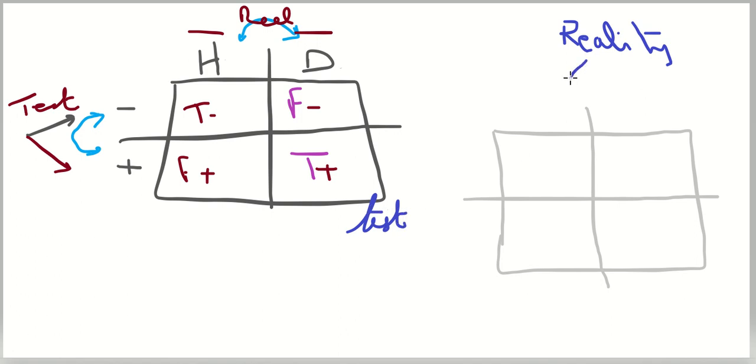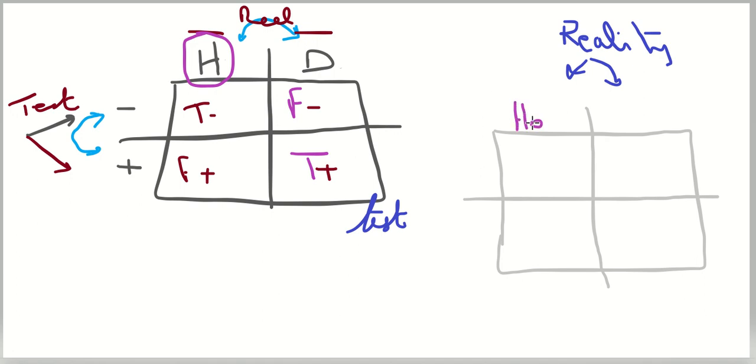So what could be the reality? There are two possibilities. And remember, in testing hypothesis, we're testing the null hypothesis. So the null hypothesis is either true or the null hypothesis is false. For the healthy, it means that there is nothing going on, the patient is healthy. This coincides with the null hypothesis being true.